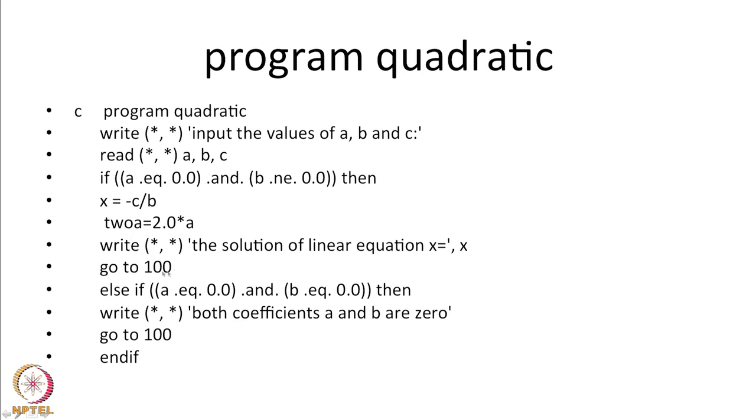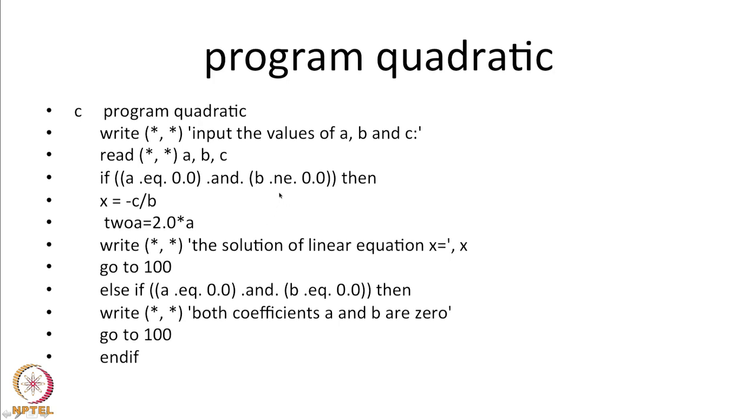Once the first condition is not satisfied, only then will you go to the second statement, because if a is equal to 0 and b is not equal to 0, then you have done all these operations, then you will go to 100. You will never come to this second part of the if statement if a is equal to 0 and b is not equal to 0.